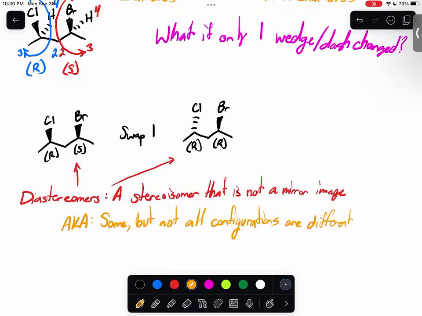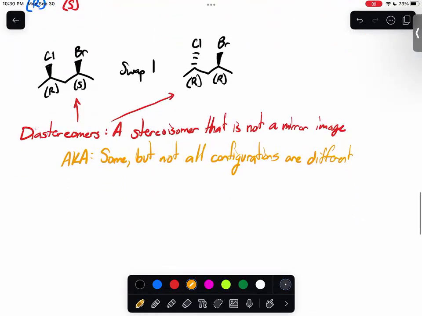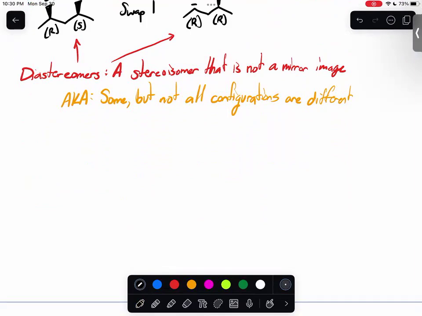So knowing this, we've actually created a very interesting dynamic here, right? Because we've listed out a couple of relationships now that are very important. We said that this molecule right here, if we were to compare it to another molecule, is an enantiomer, right?